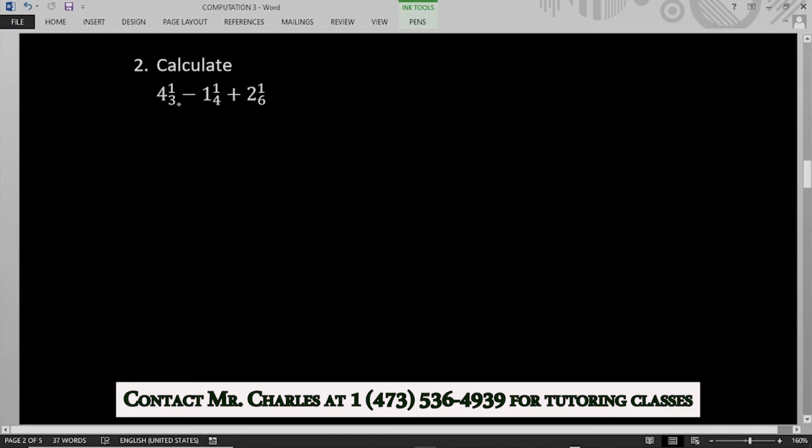Number 2, we have 4 and a third minus 1 and a quarter plus 2 and a sixth. We want to find the value that expression is equivalent to.